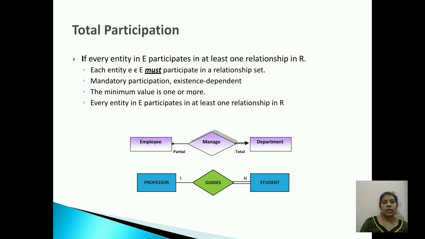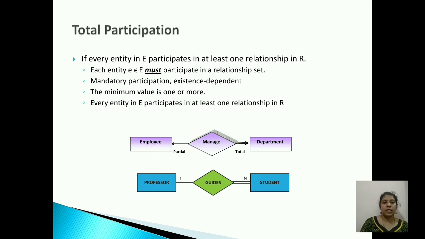Each entity E must participate in a relationship set, and the minimum value will be 1 or more. Every entity in E participates in at least one relationship in R. So it is mandatory. In partial I said it is optional, but in total participation it is mandatory.